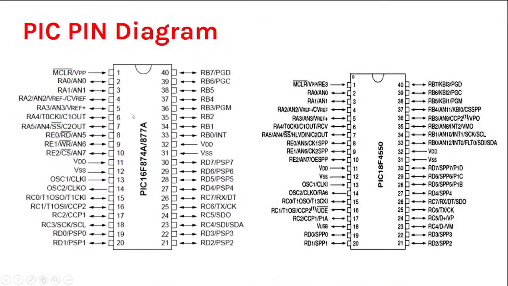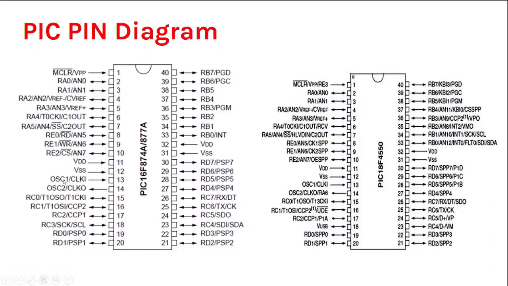So I just want to show it has two VDD and two VSS. Okay, two supply voltage pins you have to give, VDD, and two ground pins, and it has ports: port A, B, C, D, and E. Okay, so totally five ports.